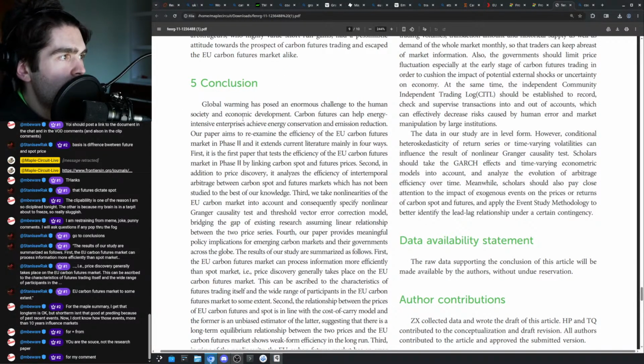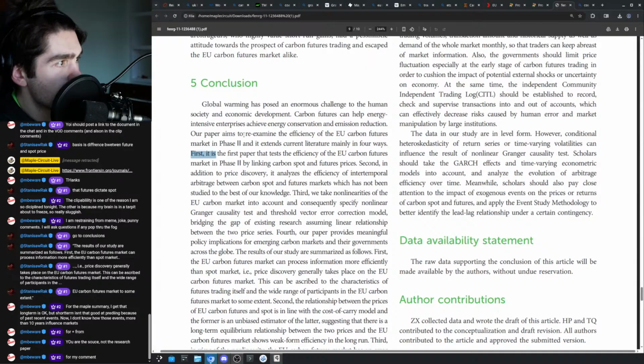Global warming has posed an enormous challenge to the human society and economic development. Carbon futures can help energy-intensive industry achieve energy conservation and emission reduction. Our paper aims to re-examine the efficiency of the EU carbon futures market in Phase 2, and it extends current literature mainly in 4 ways.